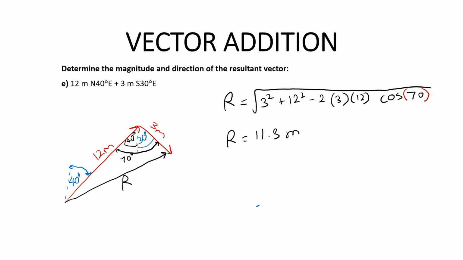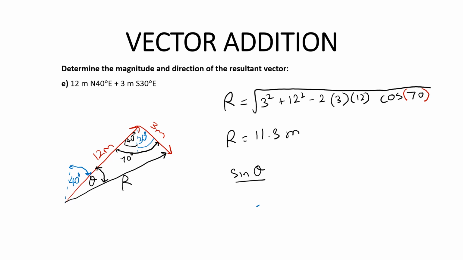And now we can't use SOHCAHTOA to find the angle because we don't have a right angle triangle, so we can't use sine, cos, and tan ratios. But we can use the sine rule in order to find the angle. So step 1, I will find this angle theta using the sine rule. The sine rule is sine theta over the opposite side.